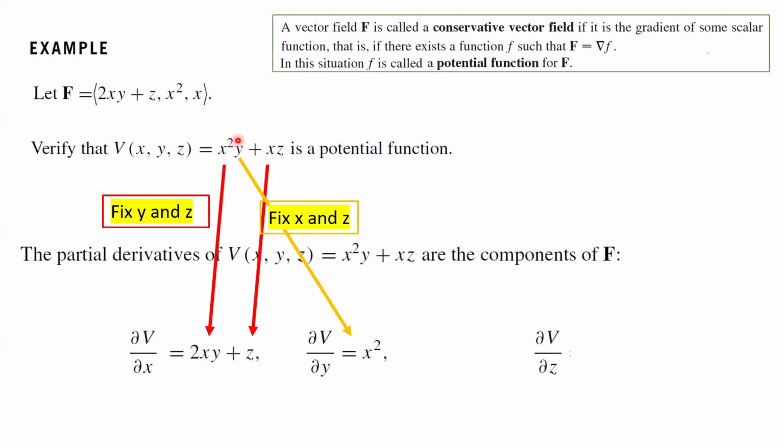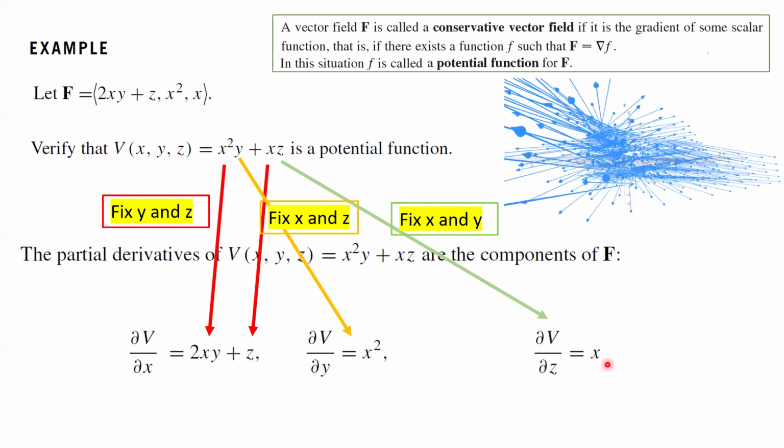And finally, the partial derivative of v with respect to z. Now you're going to fix x and y. This is equal to just x. Why is that? When you're fixing x and y, the derivative of x squared y is 0, plus the derivative of xz with respect to z is just x. So we found the partial derivative of v with respect to x, with respect to y, and with respect to z.